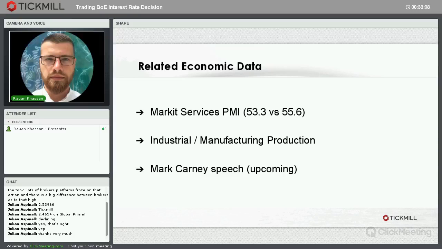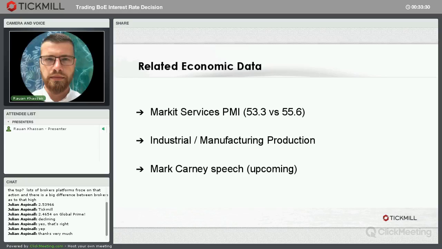Other related data: recently, we had the update for services PMI. The latter number was 53.3, which was worse than the previous 55.6.